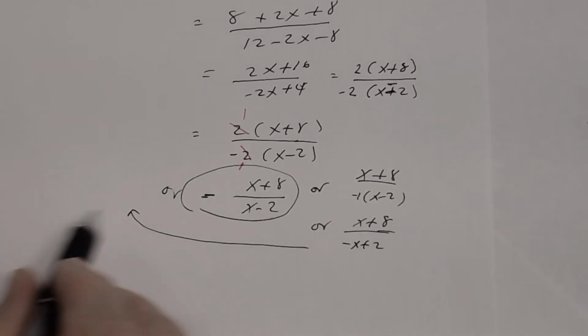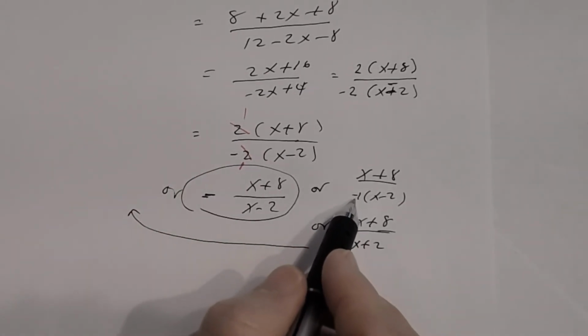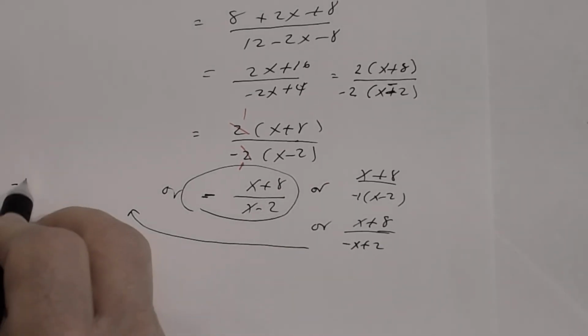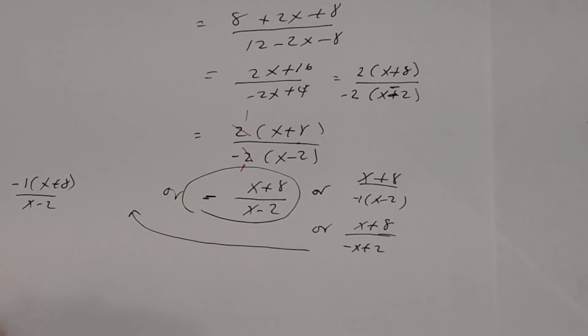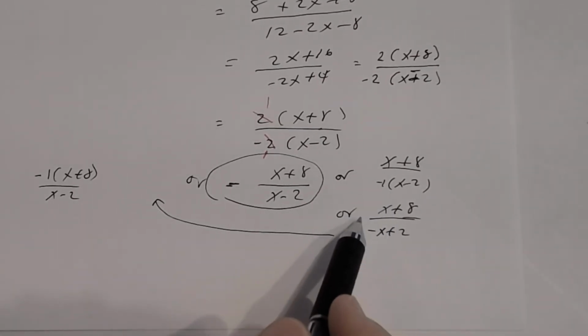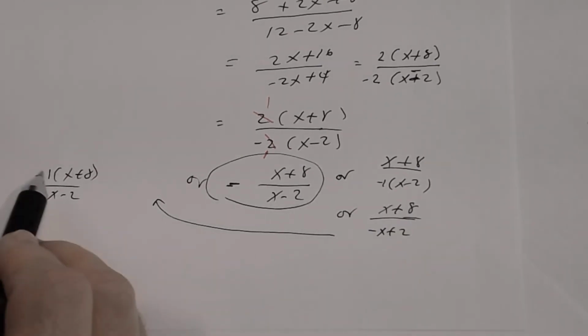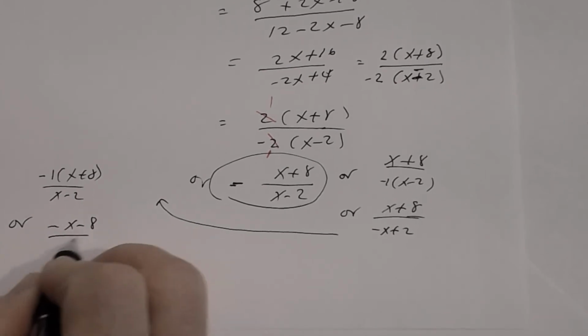But you could put the negative 1 in the numerator if you want. In other words, you can have this instead: negative 1 times x plus 8 divided by x minus 2. And you could also distribute if you want to. So you could say negative x minus 8 divided by x minus 2.